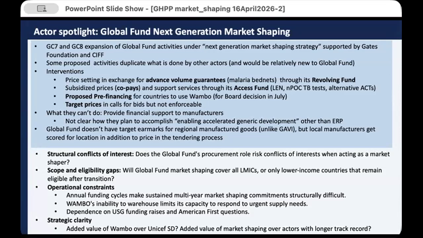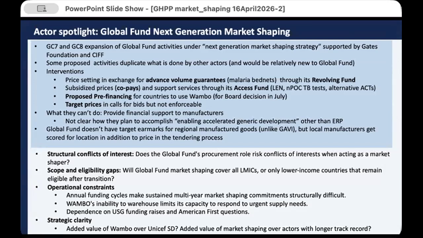The Global Fund, unlike some of the other actors like Gavi, also doesn't have a target for locally made, regionally produced goods to procure overall, but also in the regions in which they're supporting. But local manufacturers do get scored for being local, for regional, in terms of the location throughout the tendering process. So while there's not a premium price allowed, you do see some flexibility there in the scoring.